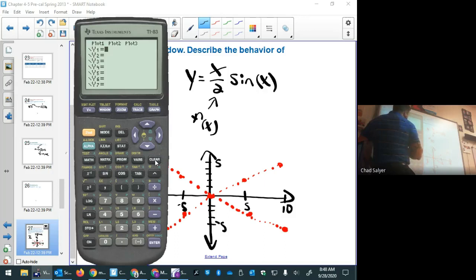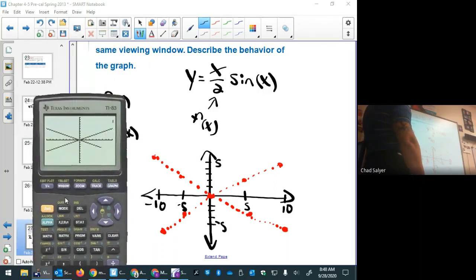So let's graph, first of all, x divided by 2. Then negative x divided by 2. And we want to go standard window, so I'm going to zoom 6. So that's what we've got going there.